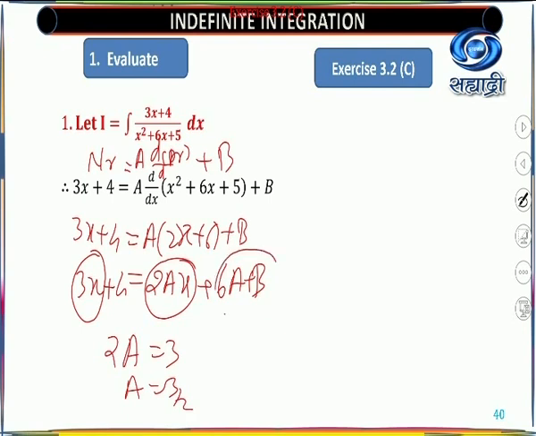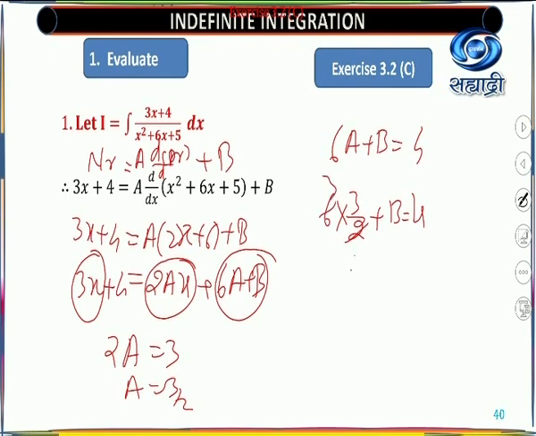Now we have the comparison 6a plus b equal to 4. The value of a is known to you, so 6 into 3 by 2 plus b equal to 4. So what value will you get? This is 9 plus b equal to 4, so b is minus 5. This way you get the values by comparison.